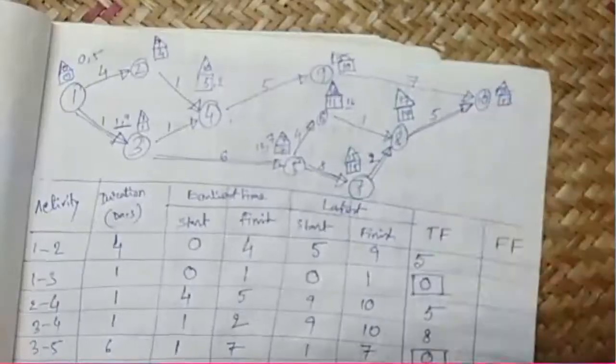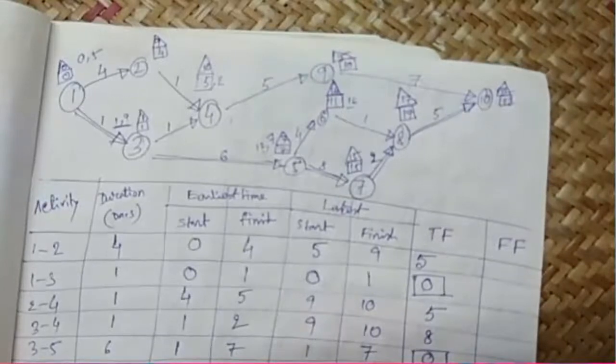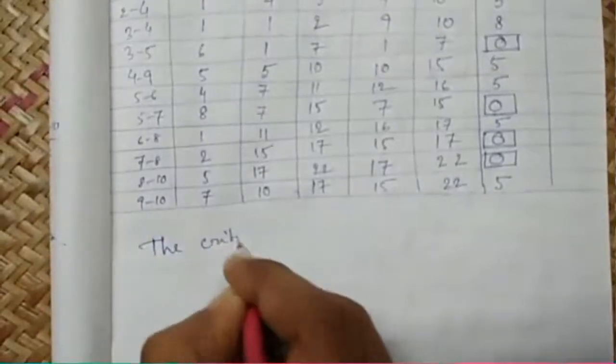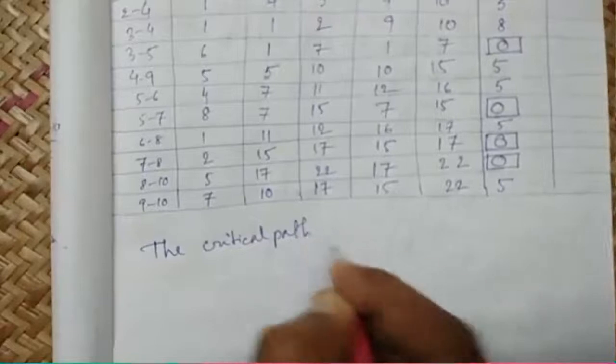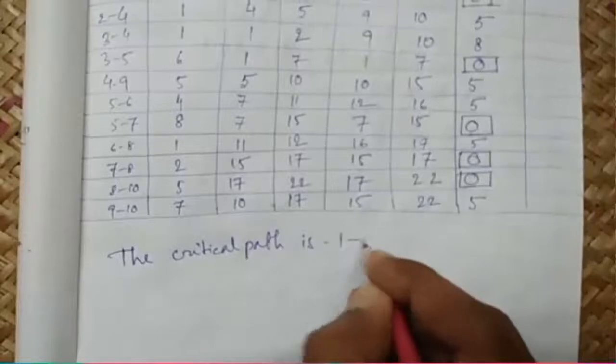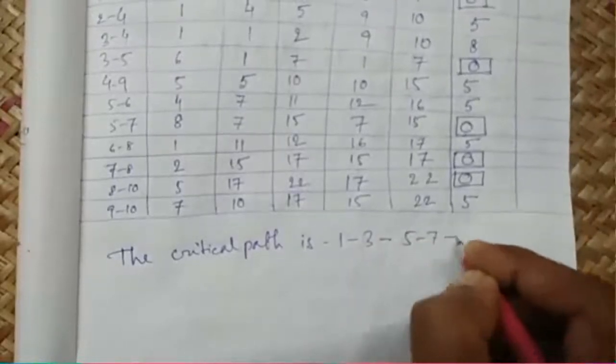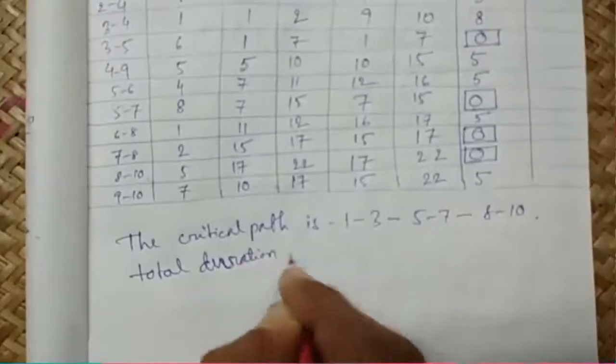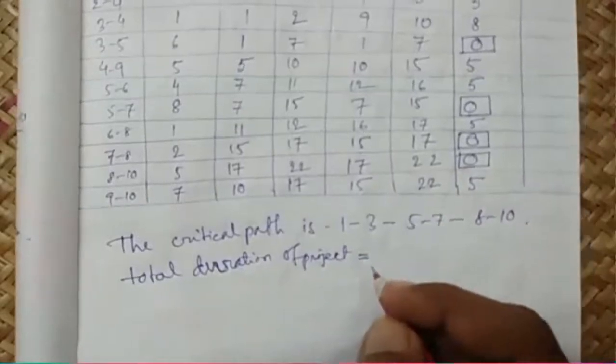That means if any activity on this path gets delayed, then the whole project will be delayed. So we'll write: the critical path consisting of critical activities is 1, 3, 5, 7, 8, 10, and the total duration of the project is of course 22 days.